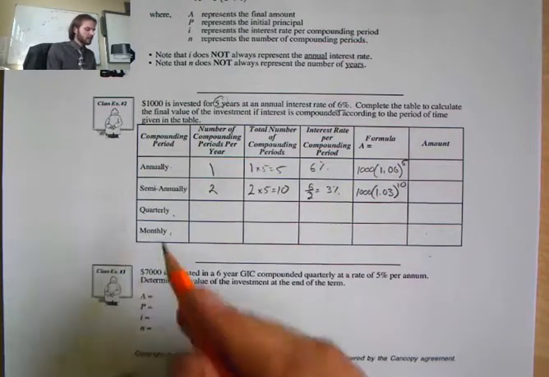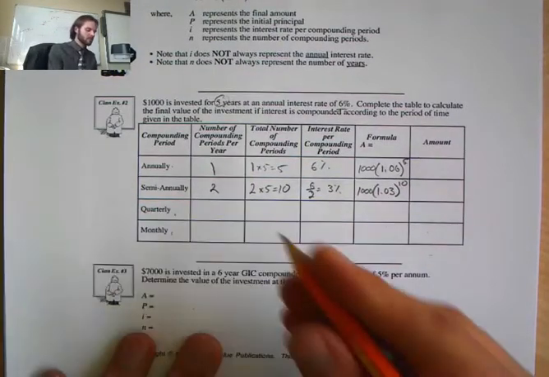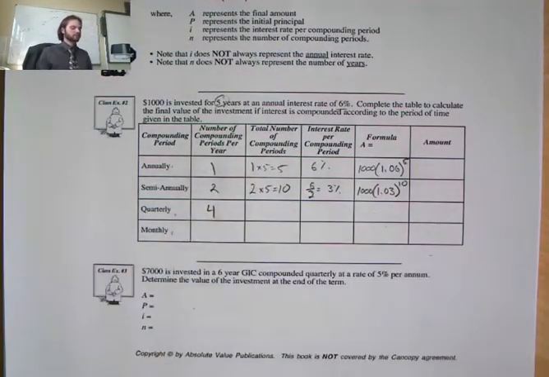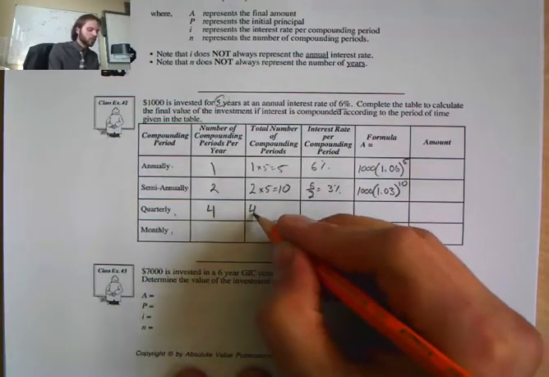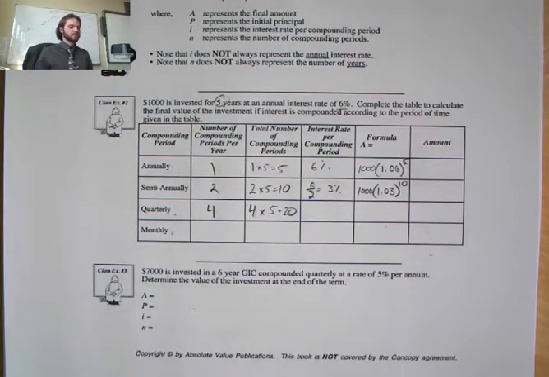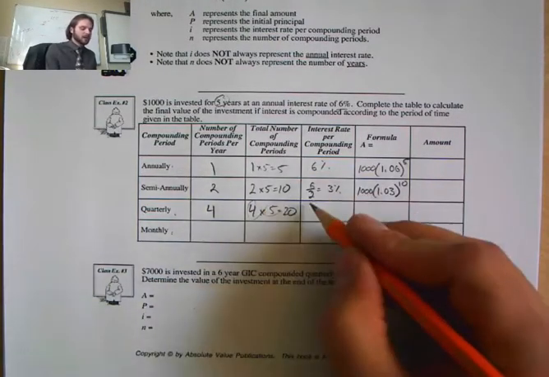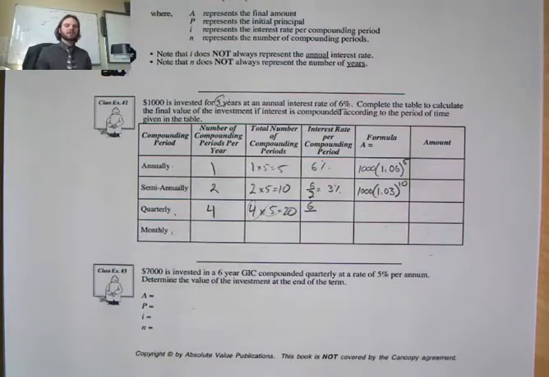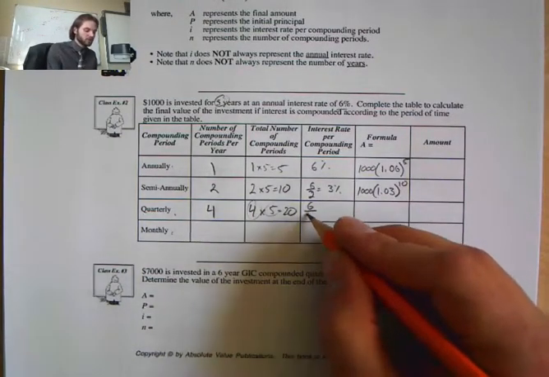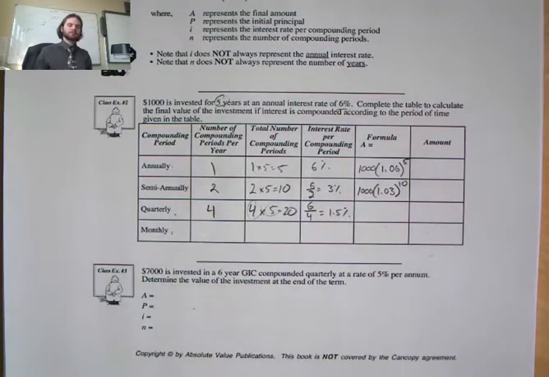Okay? Let's take a look at the next one, quarterly. So how many compounding periods are there quarterly? Well, there's going to be 4. So that's going to be 4 multiplied by 5, which will give me 20. Okay? Because we have 4 times a year, 5 years, that gives me 20. Now it's 6% per year, and each time we would compound it 4 times per year. We can't go over 6, so we divide that by 4, which gives me 1.5%.